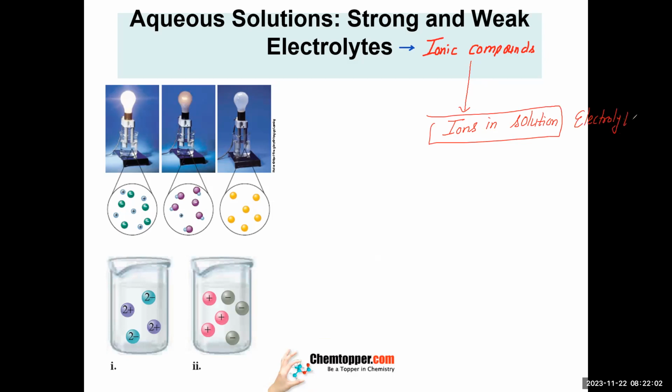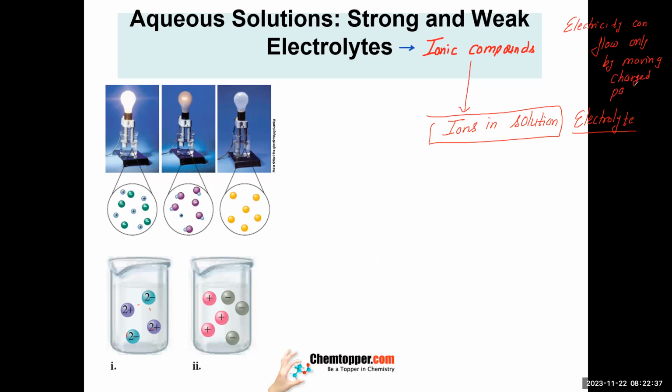The word electrolyte has come from electricity: when ions are there in the solution, they can move and conduct electricity. I think I told you this condition earlier also. Electricity can flow only by moving charged particles.